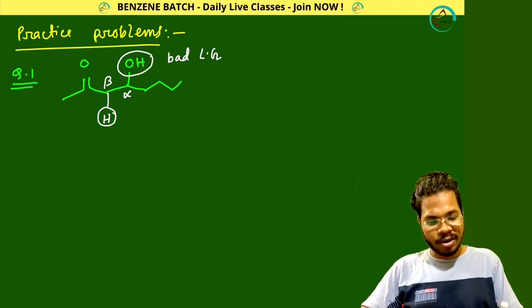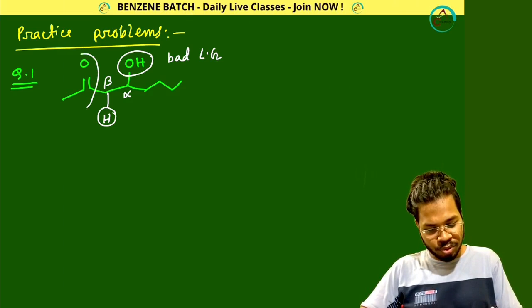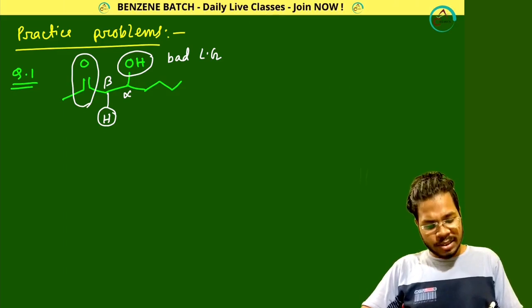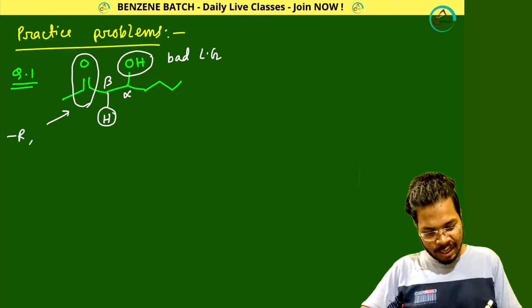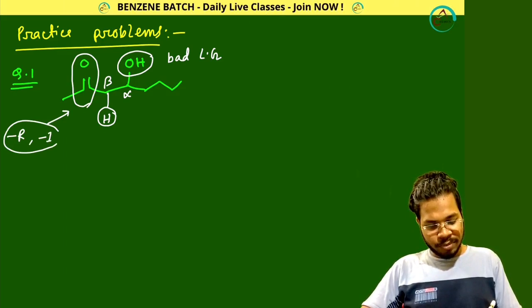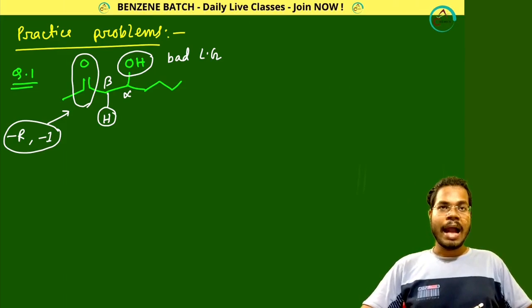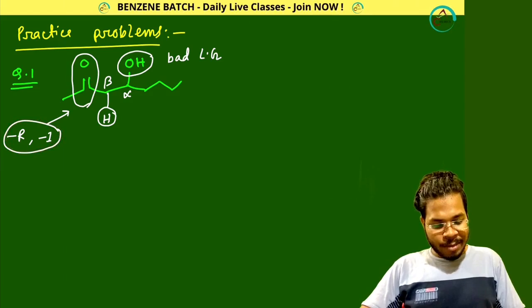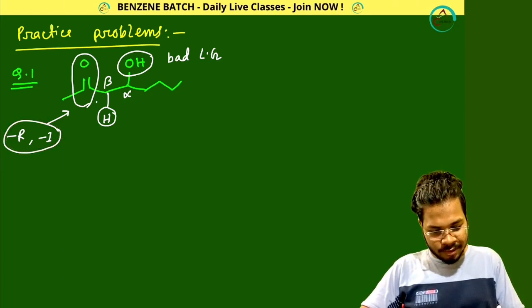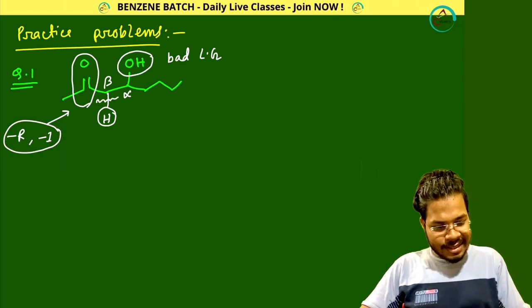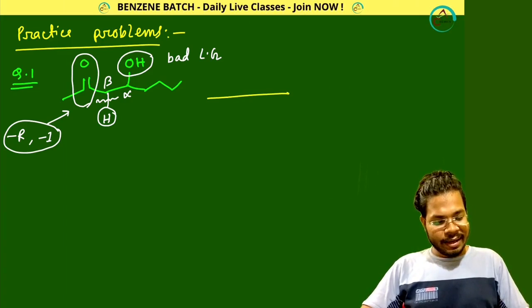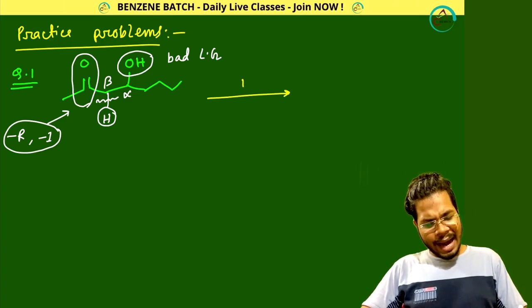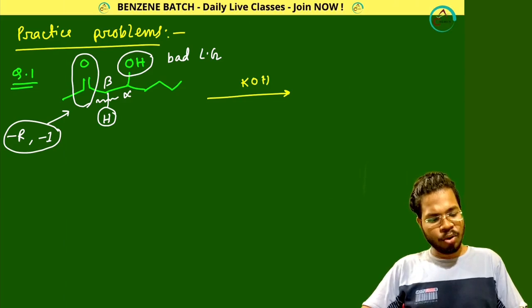Why is it acidic? Because I have this keto group over here, which shows the minus R or minus I effect. Because of this group, this bond becomes very weak.